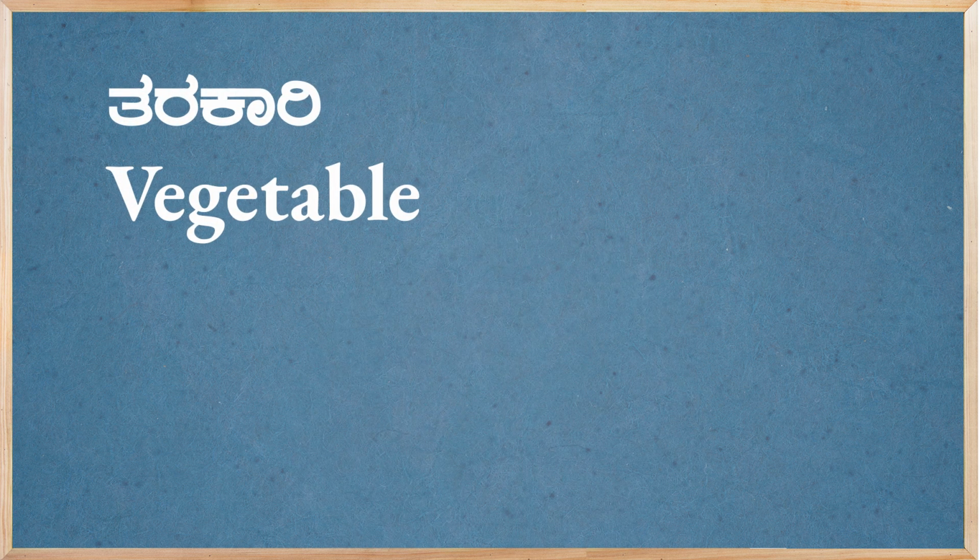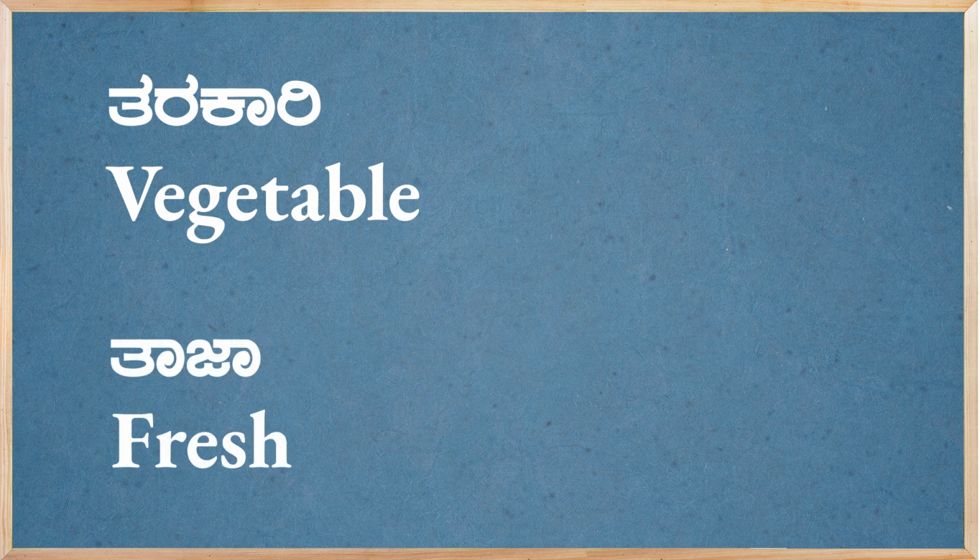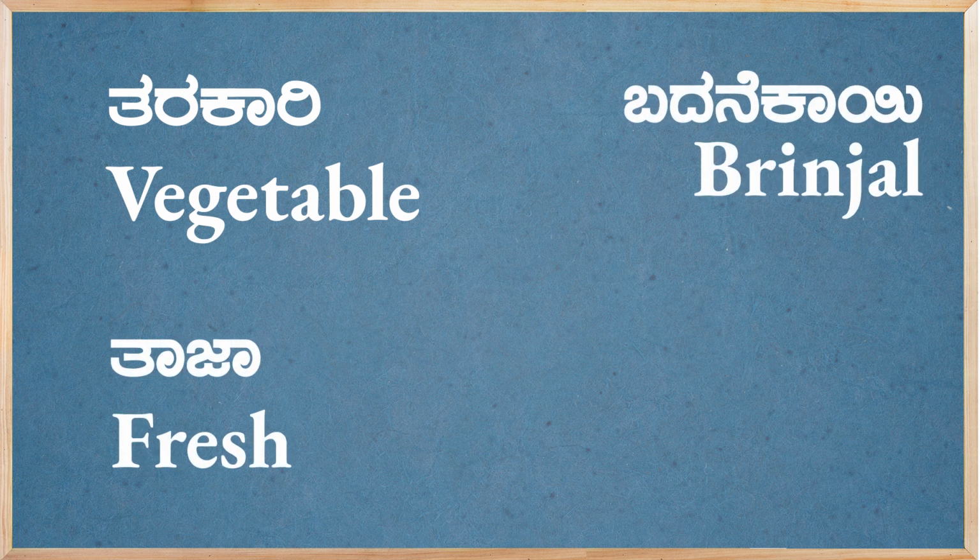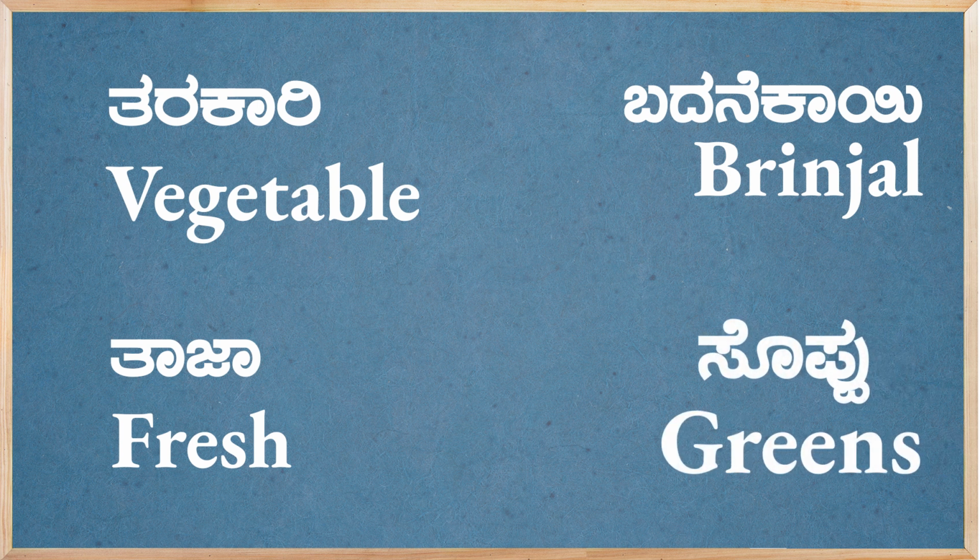So, before we wrap up this session, let us review everything we learned today. From the previous session, we learned essential vocabulary words like tarakari, vegetable, taja, fresh, badanekai, brinjal, and soppo, greens.